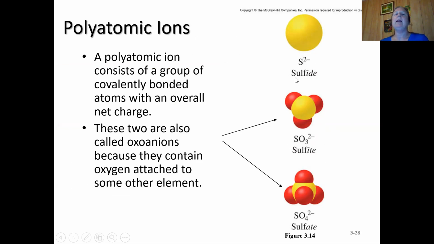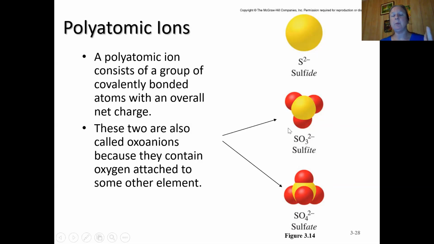No. Sulfur by itself as an ion is a single element, and so it follows these single element rules and is sulfide. So watch for that because it's a really common mistake to make. As you start going on naming these guys and all of a sudden there's a single sulfur, it's like, wait, where does it fit in the naming rules? It's back to the other simple anion naming rules, IDE.